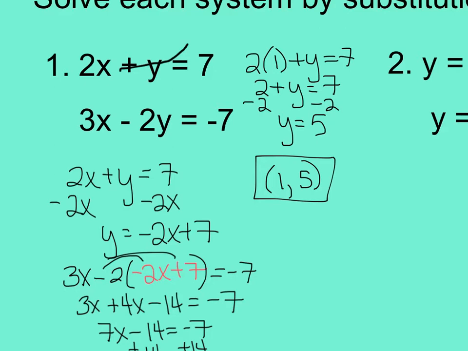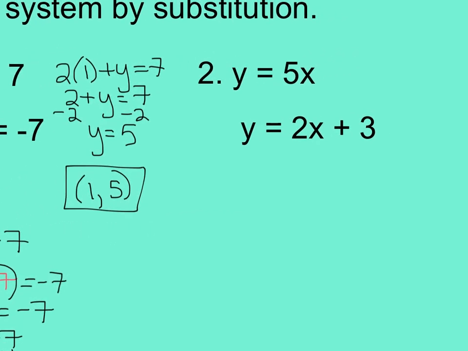Number 2, we look to see what variable is by itself, and this time both y's are by itself. Well, think about that. If a y is by itself, that means y would be equal to y. But that doesn't help us solve anything.